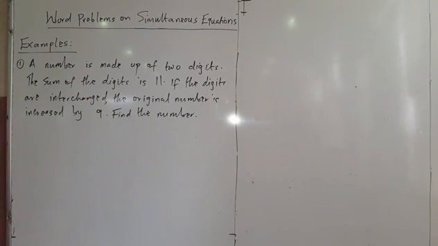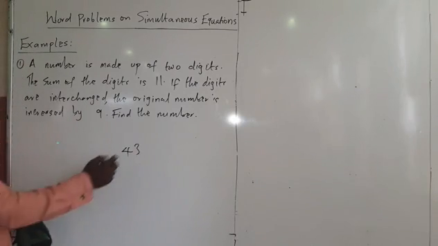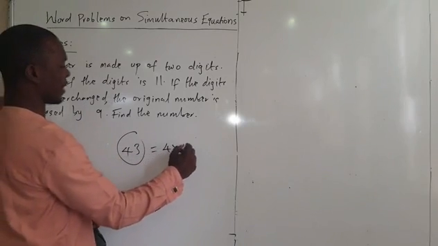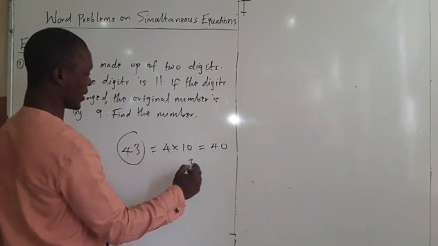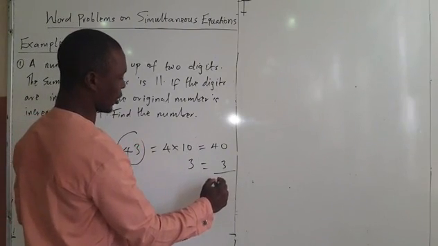Whenever you are dealing with a two-digit number, you should know that you have a unit and a tens. Like let's say 43. So 43 is a two-digit number. It means we have 4 multiplied by 10, which is 40, and we have the unit, which is 3. So 40 plus 3 gives us 43.